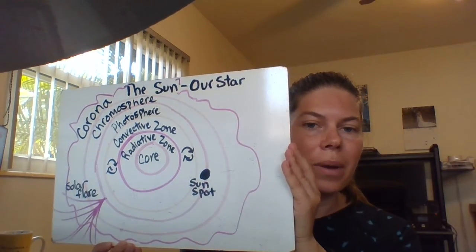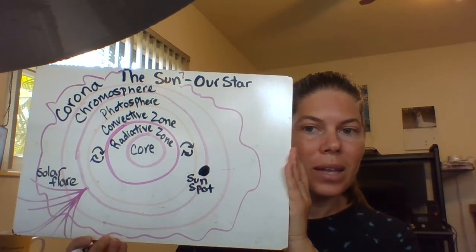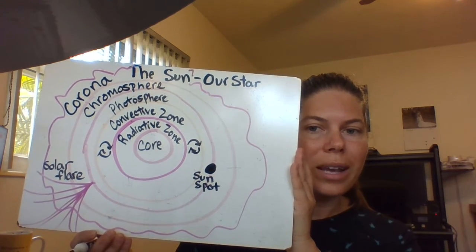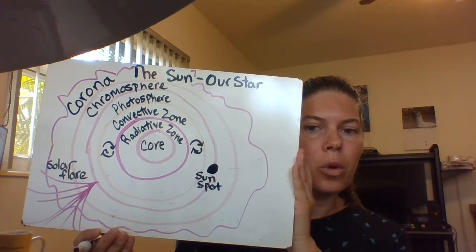The other thing I talked about was a prominence. And a prominence is more like an arc. So it connects from one spot to another spot. So a prominence would look more like this. It starts out kind of like a solar flare, but then it connects to another spot on the sun.